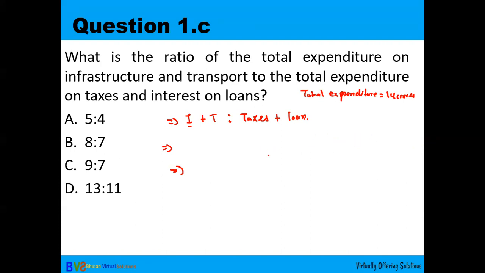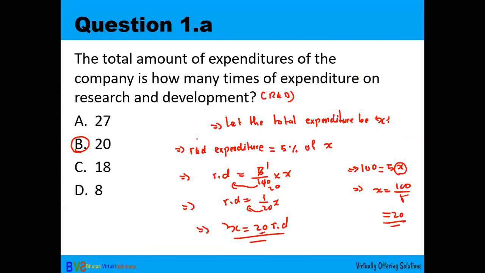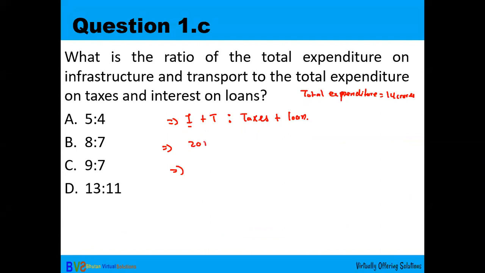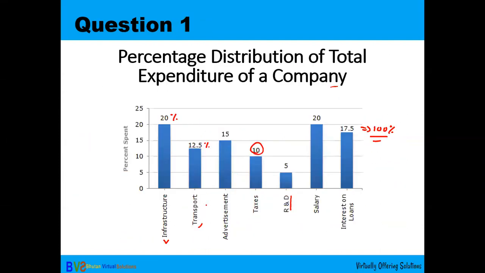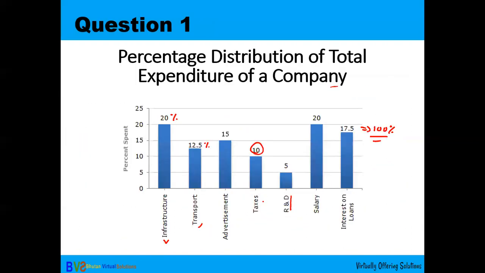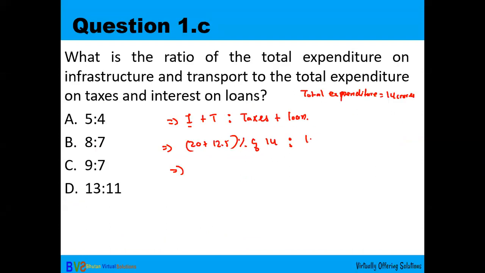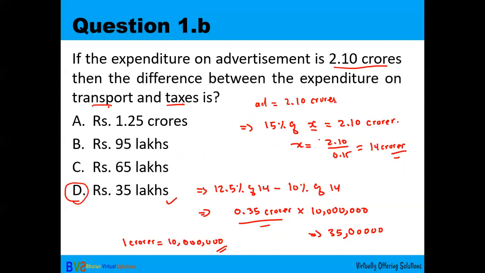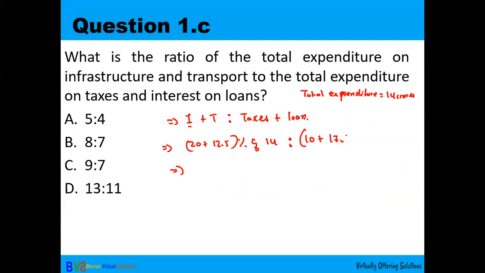Another method is this: infrastructure percentage was 20%, so 20 plus transport 12.5. You directly add these, 32.5% of 14 crores. Now tax is 10, plus loan, which was 17.5, so 27.5% of 14.